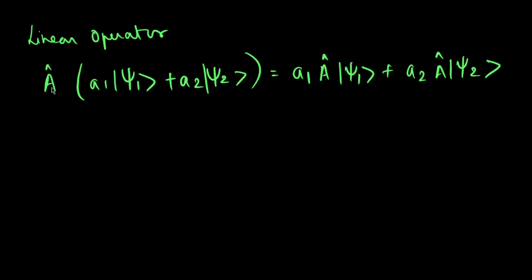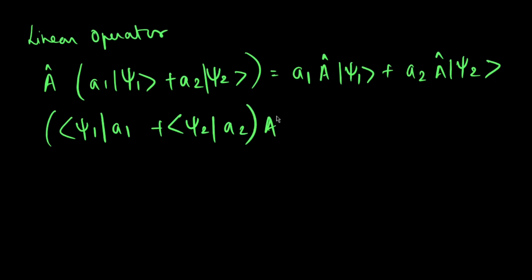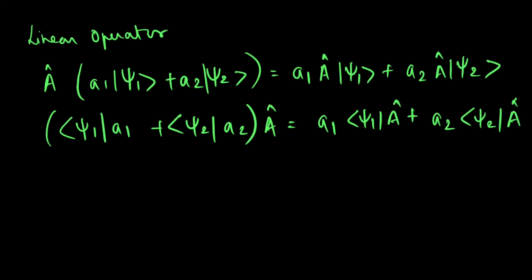So as you can see, this operator operates linearly throughout. Similarly for a bra, psi1 a1 plus psi2 a2 operated by A cap will give you a1 psi1 A cap plus a2 psi2 A cap.